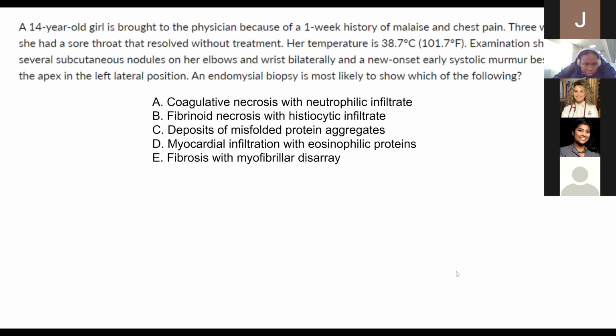Okay, so in rheumatic heart fever, you have the Aschoff bodies and the Anitschkow cells. I don't know if I'm saying that right. But B is describing the Aschoff bodies. Fibrinoid necrosis with histiocytic infiltrate. Now I know we brought up fibrinoid necrosis for a previous pathology, polyarteritis nodosa, but this one has histiocytic infiltrate.